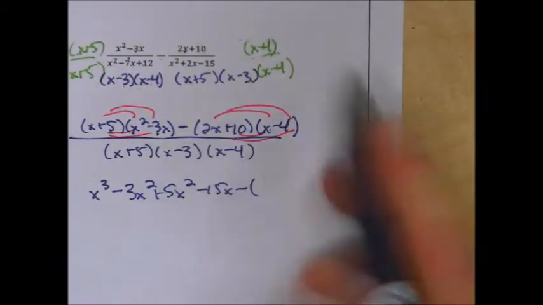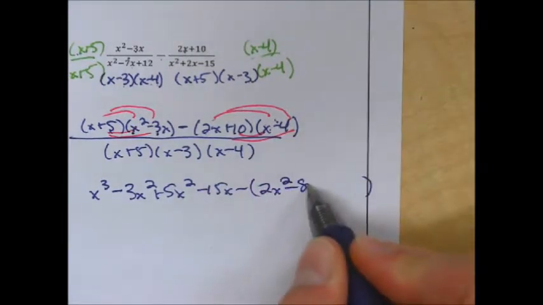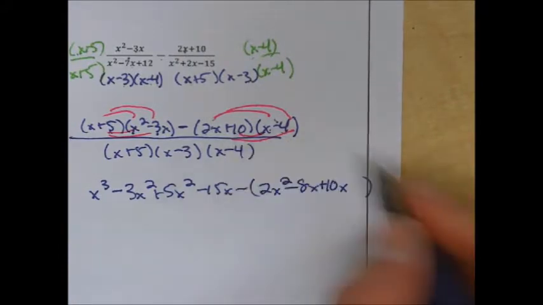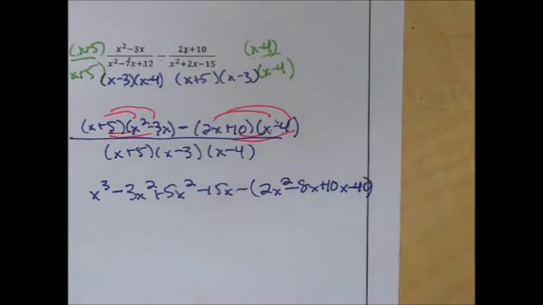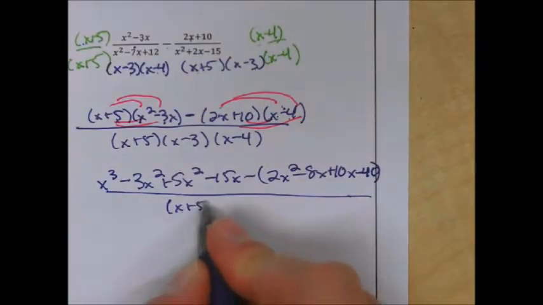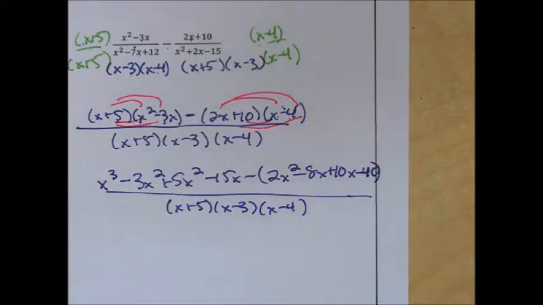So you should get 2x squared minus 8x plus 10x minus 40, all over our denominator. All right.